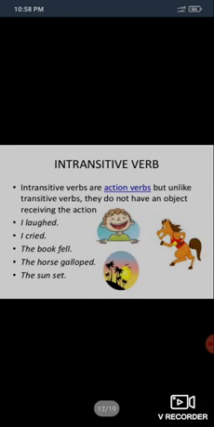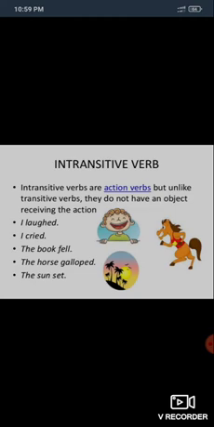Intransitive. What is intransitive? The verbs that have no object. It means some verbs do not need any kind of object in a sentence. An intransitive verb is complete and does not need an object.